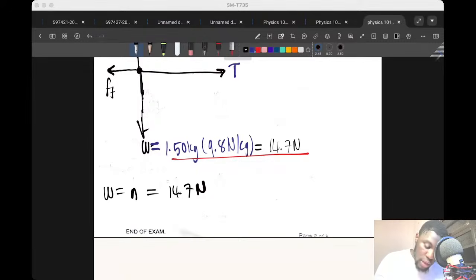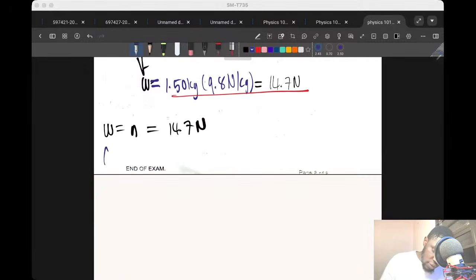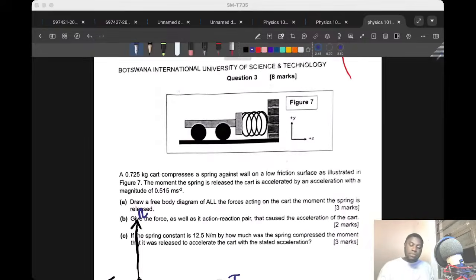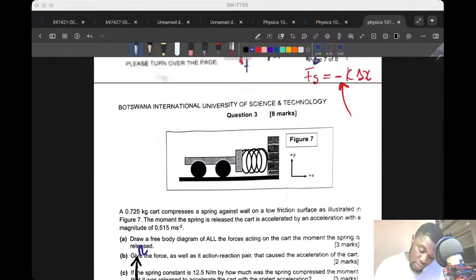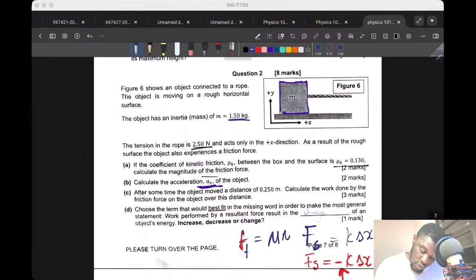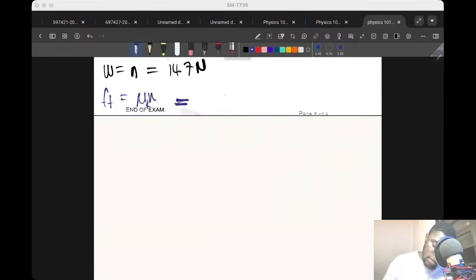So here we have our normal force, and we're going to say the force of friction is equal to mu K times N. That mu is what? So here you get 0.136.